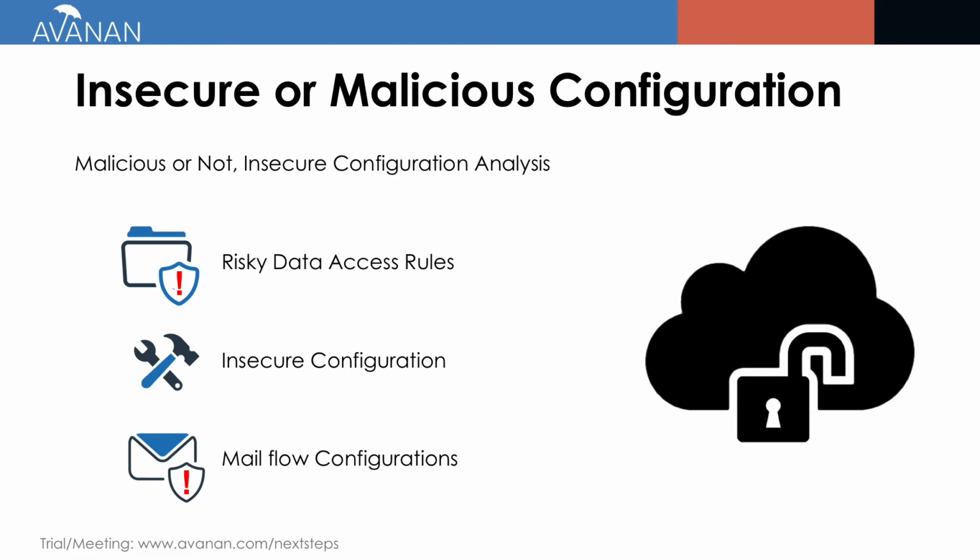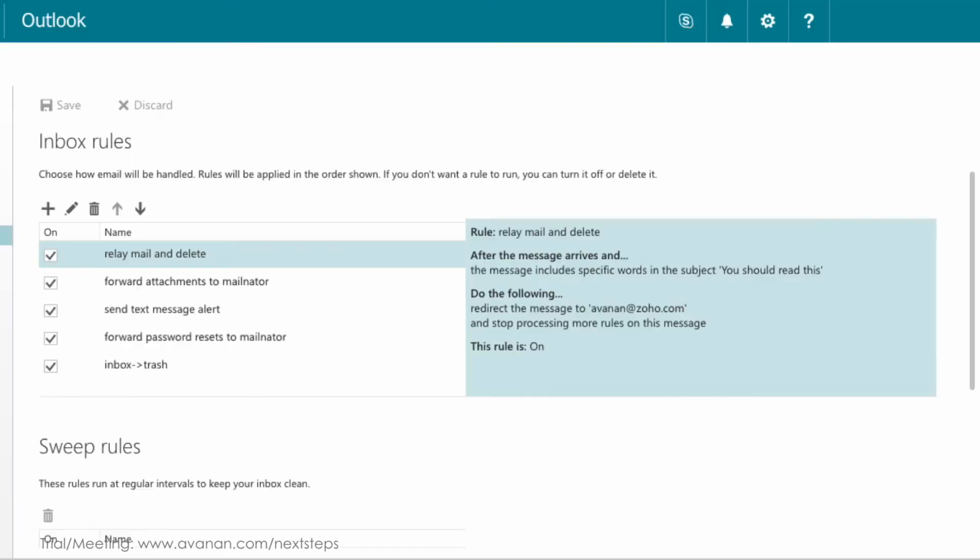We also look if someone has disabled their MFA. That can be a sign that someone has gained access to the account or is trying to access it insecurely. In addition, one of the more popular use cases that we see is the mail flow configuration changes. So someone is adding a forwarding rule or an inbox rule that the users and the admins never typically check, but they have a huge impact on users' everyday workflows.